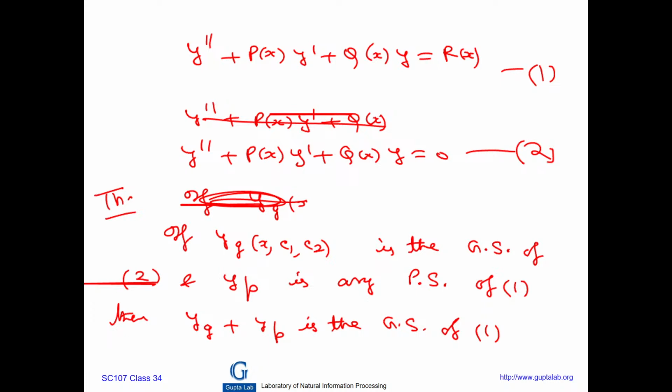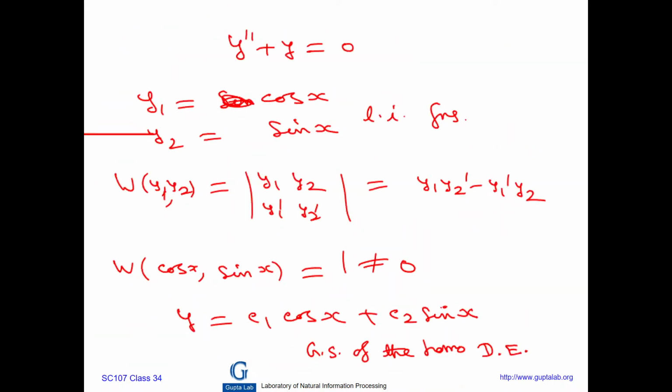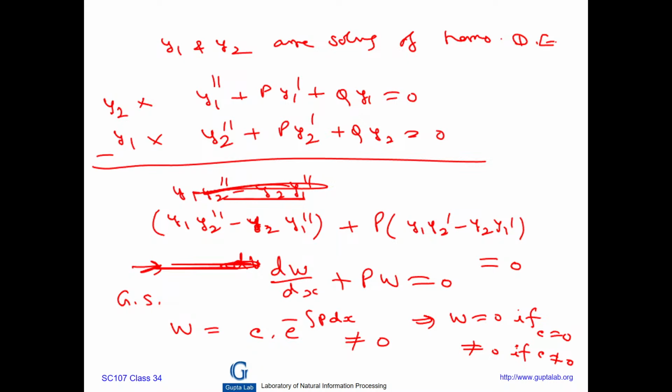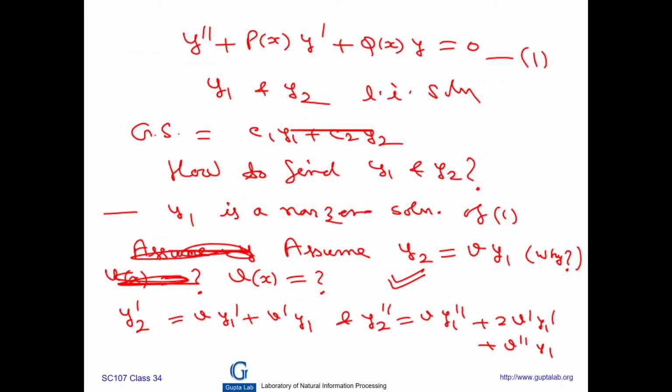Yesterday we looked at a couple of things for the homogeneous differential equation. If you find y1, one solution, you know how to find y2. y2 is v times y1, where v is some unknown function of x. Substitute and solve. Now you have the formula. The Wronskian was the important thing to check whether the functions are linearly independent.